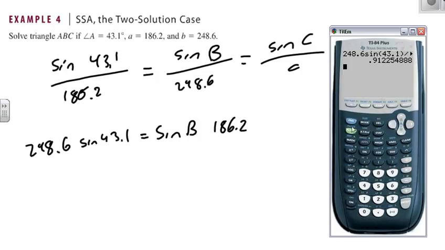So to find out what b is, then we have to do the inverse sine, which is the second function of the sine button. And you can do second to get answer to input that decimal for you. So b is 65.82 degrees, or just 65.8.